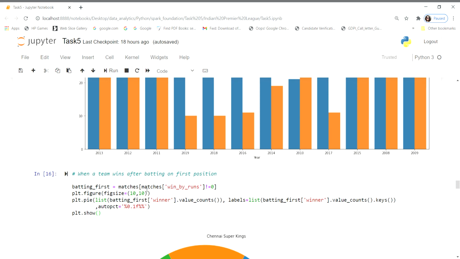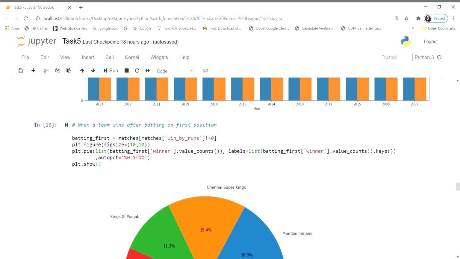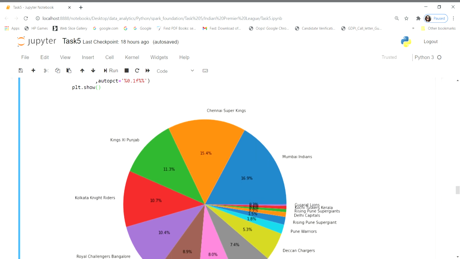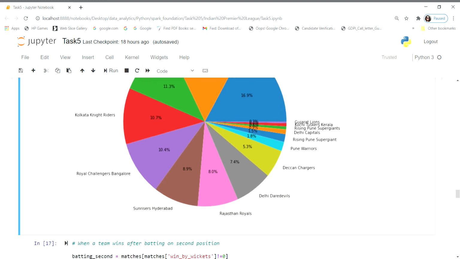If a team wins the toss and chooses to bat first, the highest percentage is Mumbai Indians, second is Chennai Super Kings. So we can say that choosing to bat first gave the Mumbai Indians the most chance, and that team even won the maximum number of matches.